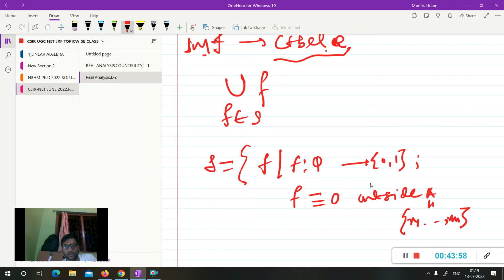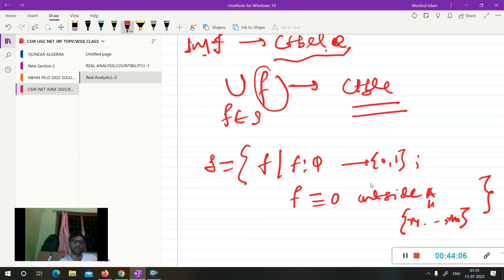Such a set is a countable union of countable sets, so it is also countable. So the set of functions from Q to 0 1 vanishing outside a finite set is a countable set.